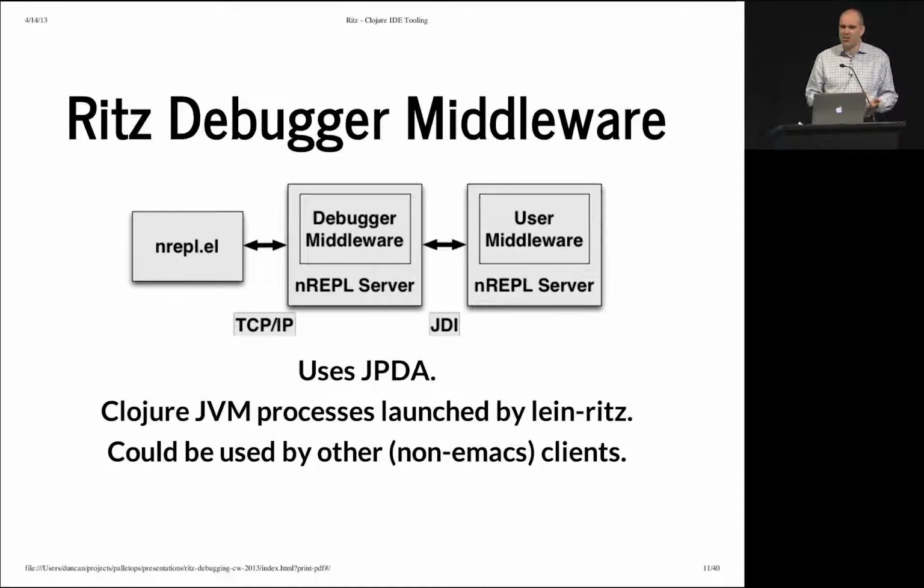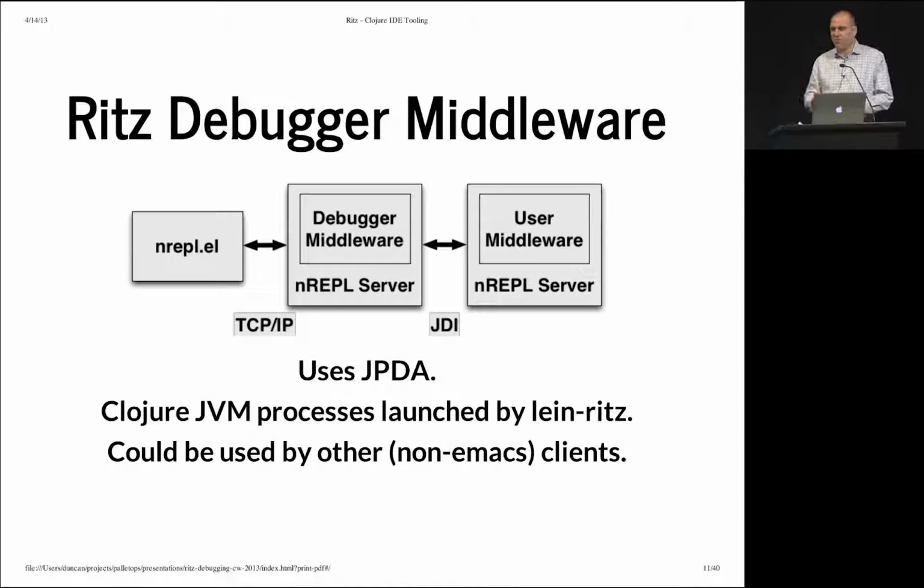And any operation that is sent by the client to the debugger that it doesn't recognize, it just passes on to the user process. The user process handles it as normal and then returns it back to the debugger process, which forwards it back to the client. But the debugger process recognizes all the debug functionality, which I'm going to be covering in a minute.